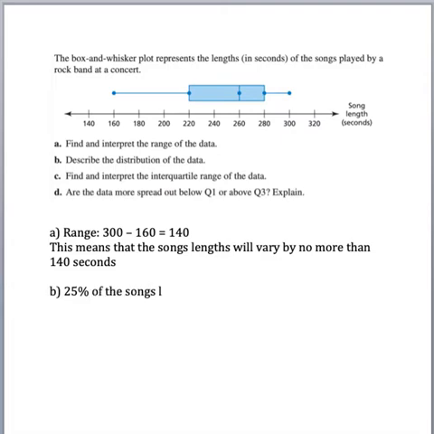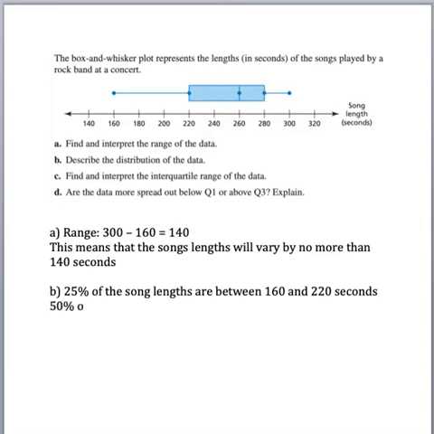Okay, so just looking at this first whisker here, 25% of the song lengths, since that's what this particular data is about, is located between 160 and 220. So 25% of the song lengths are between 160 and 220 seconds. All right, now looking at the box. Remember, the box contains 50% of the data.